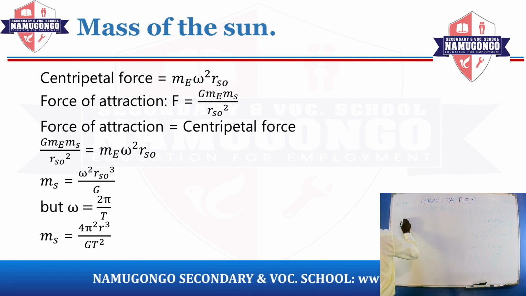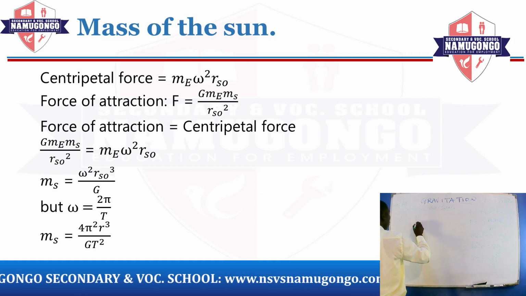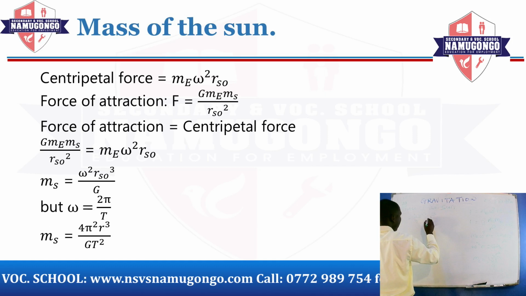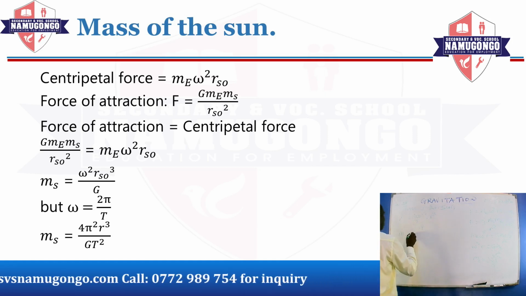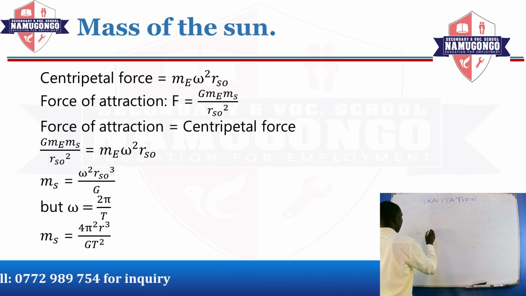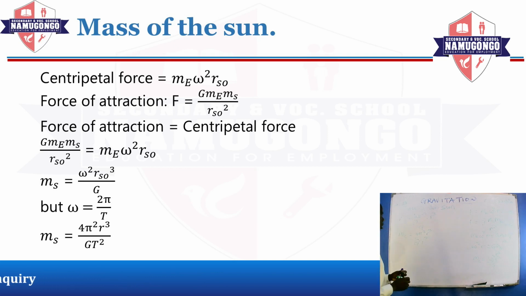We shall say M_S, the mass of the sun, equals 2 pi all over capital T squared times R cubed divided by G. This will give us M_S equals 4 pi squared R cubed all over T squared G, like that. Now what is remaining is just to substitute the values of this.